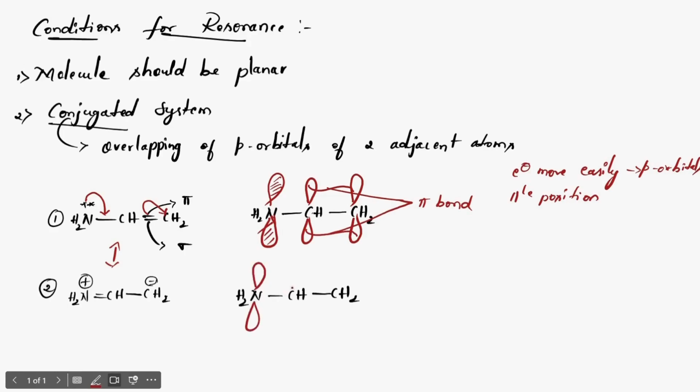Nitrogen has the p orbital, and the overlapping of these two p orbitals gives the pi bond, and the negative charge present on the carbon will be indicated like this. So here the electron can easily move when the p orbitals are in parallel position. These two structures, structure number 1 and structure number 2, are resonance structures.